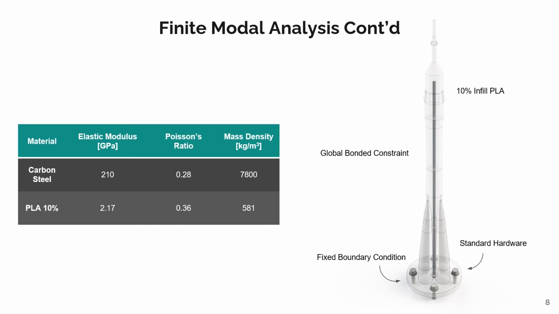The material properties for all the components in the numerical model are listed in the table on this slide. The steel components used SOLIDWORKS plain carbon steel material profile for the mounting hardware, and the material properties for the 10% infill PLA came from experimental data in the Experimental Space Systems Lab.